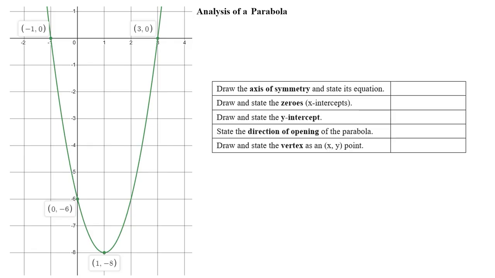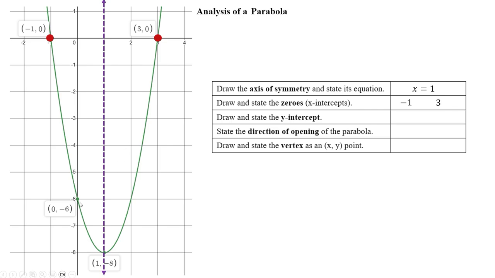Here's another parabola. We're asked to draw the axis of symmetry and state its equation. Well, this is the midpoint, or the dividing line, of the parabola. It occurs at x equals 1. The zeros are the x-intercepts, the 2 points where the graph crosses the x-axis, and these are at negative 1 and at 3.